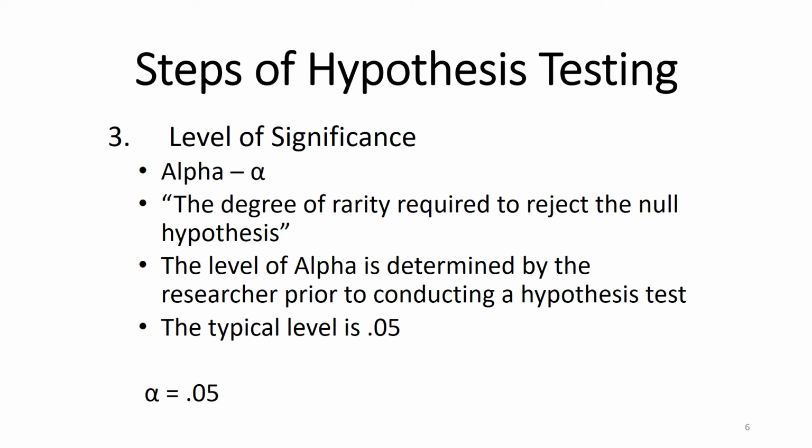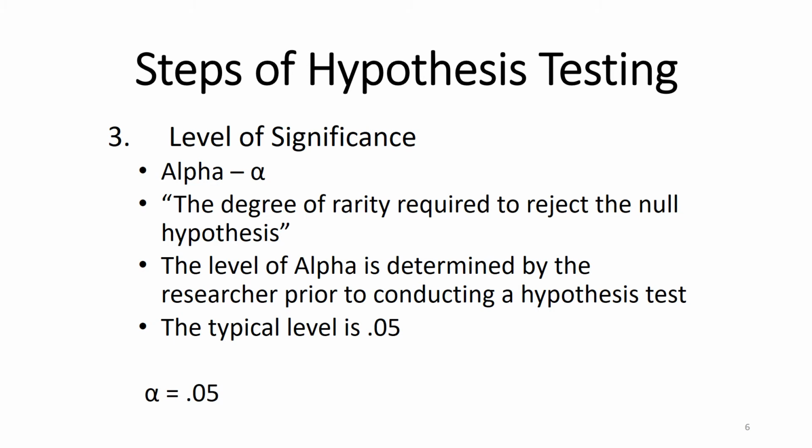We get to choose the point of rarity or commonality when looking at our sample data. So the typical level that is chosen is 0.05. And as you can see at the very bottom, it says alpha equals 0.05. This is the standard. It will be the level of alpha that we will use for all of our hypothesis tests throughout the rest of the semester.